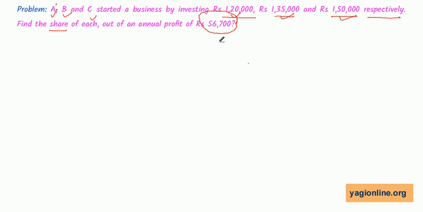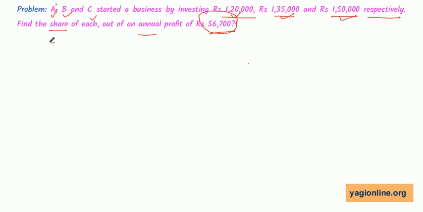Because there is no mention of time here, only that the annual profit is this much, that means we have to look directly at the first formula, which says that profit will be distributed among the partners as per their investment. So first we have to find out the ratio of their investment.